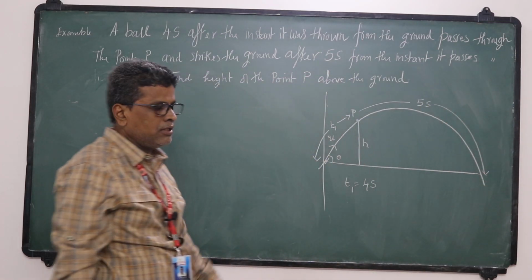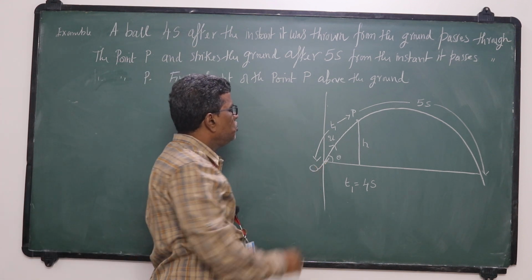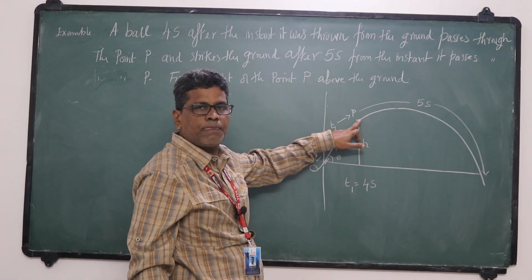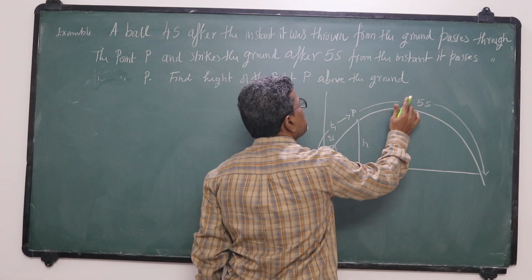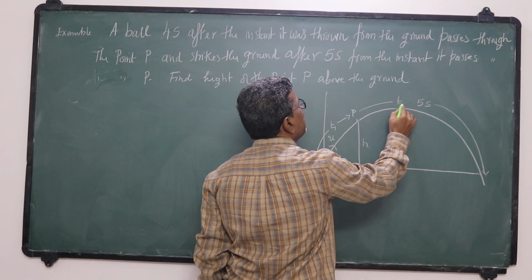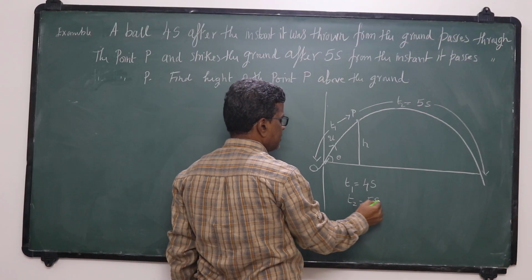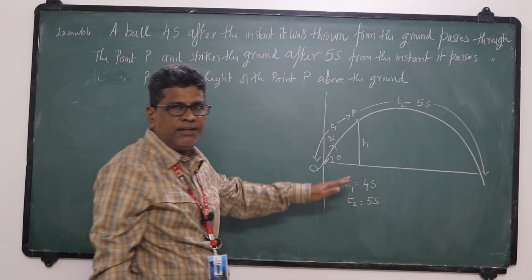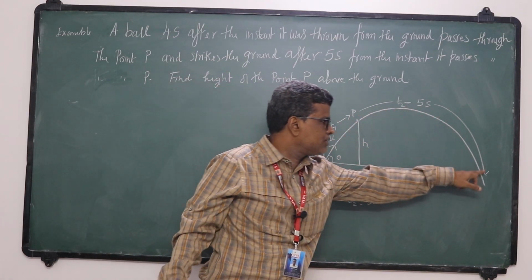So to go from the point of projection to point P, it will take t1 seconds, that is 4 seconds. The remaining time I take as t2, which is 5 seconds. From this information, can you say the time of flight?